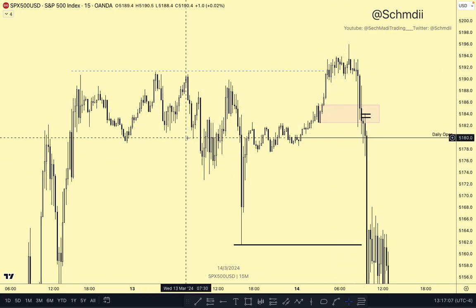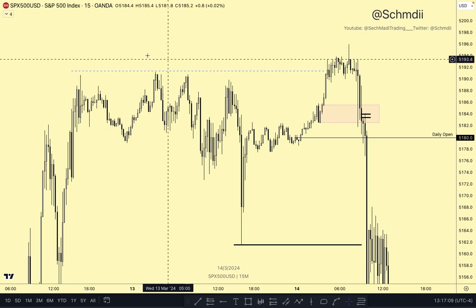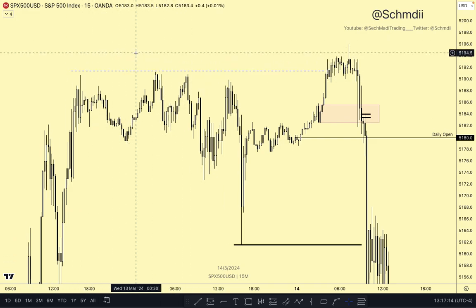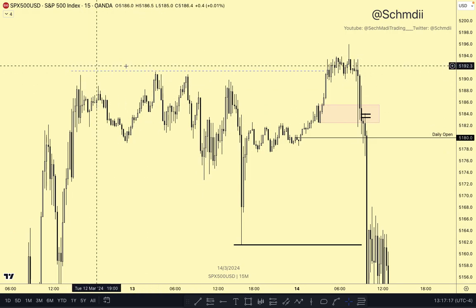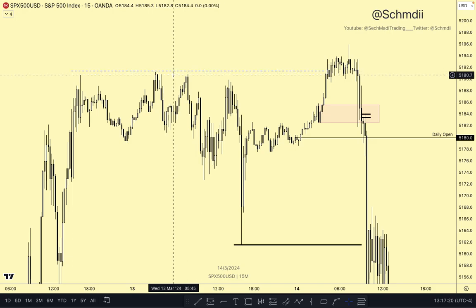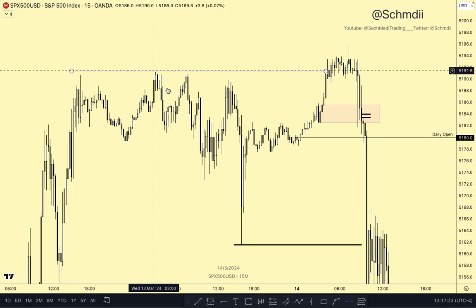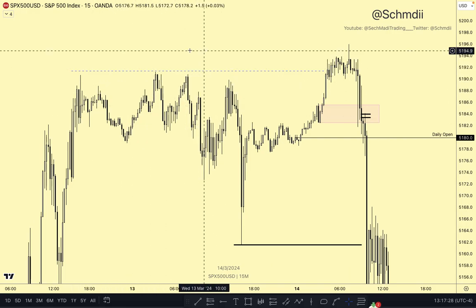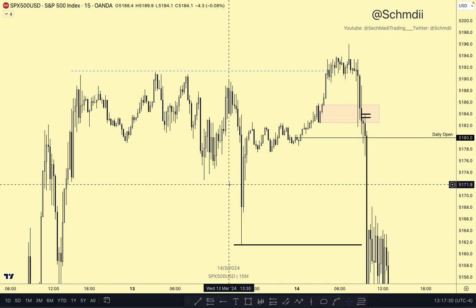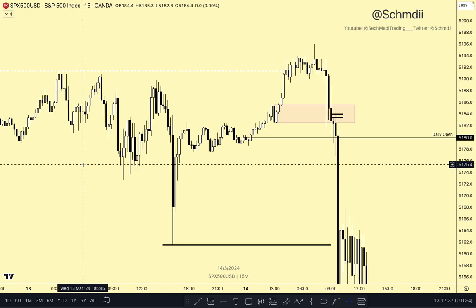So price takes out short sellers who have buy orders or stop losses up here to cover their short positions, and then breakout artists with buy stops who enter long as price breaks above, and as it reverses back, they get taken out. It's brutal, but if you know, you know.